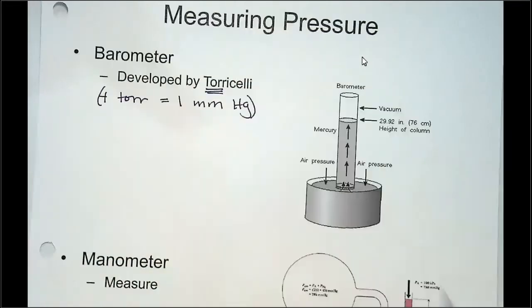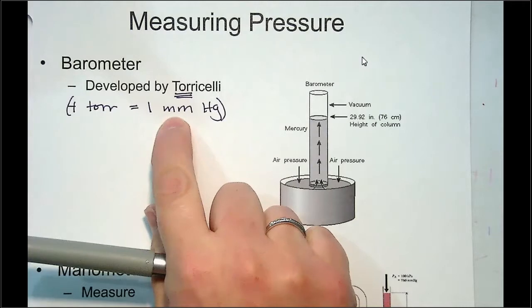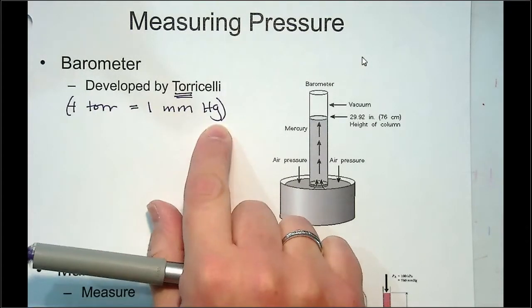So what did he figure out? Basically, if you take a container of mercury and you put a tube in it that has a vacuum, the air pressure will push the mercury up the tube. And the height of the mercury in the tube tells you the atmospheric pressure. Okay? So you can measure it in millimeters of mercury, because that's what's in the barometer.